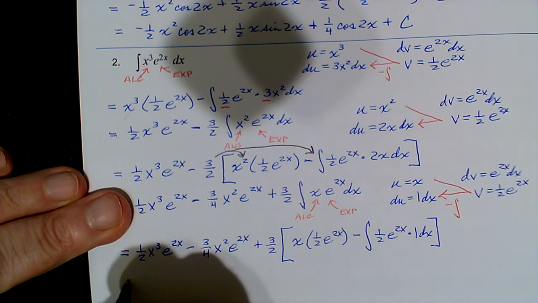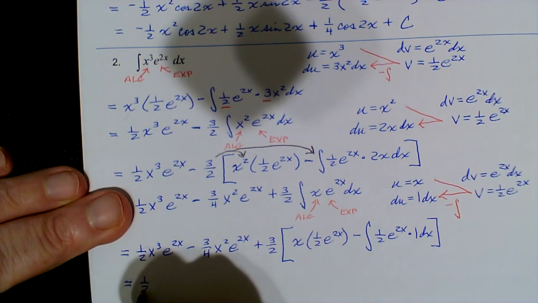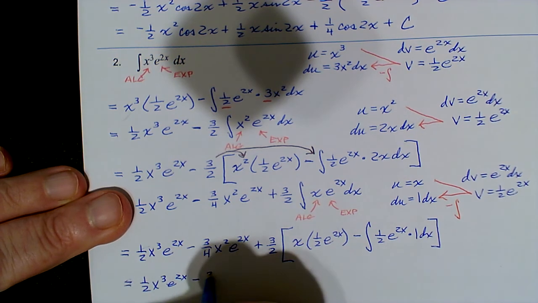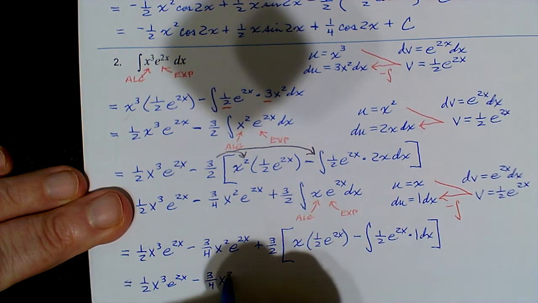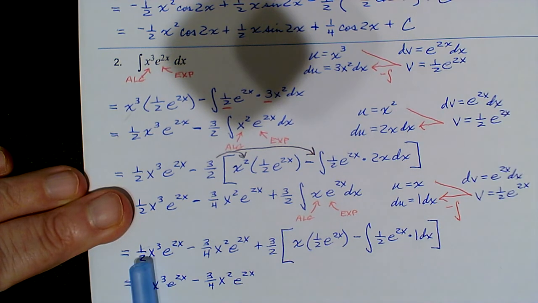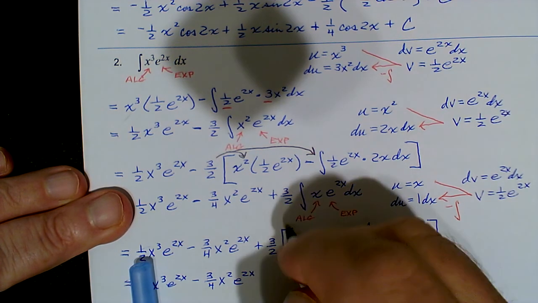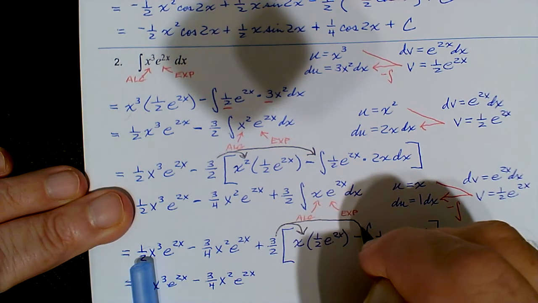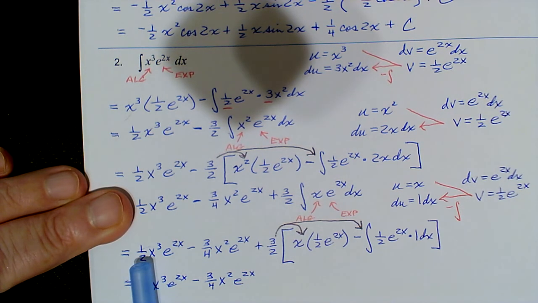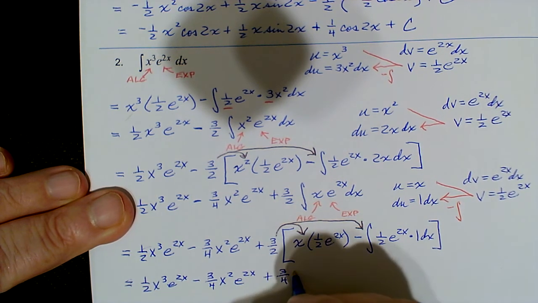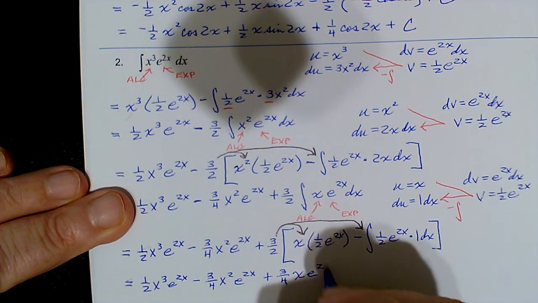Okay, so continuing, got 1/2 x cubed e to the 2x, the negative 3/4 x squared e to the 2x. This 3/2 again needs to be distributed. So times the 1/2 gives plus 3/4 x e to the 2x.